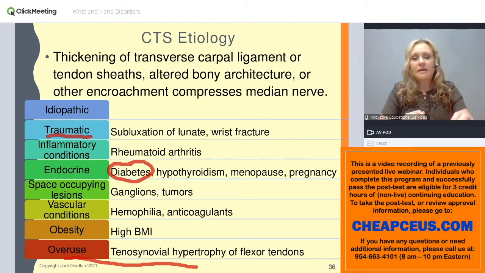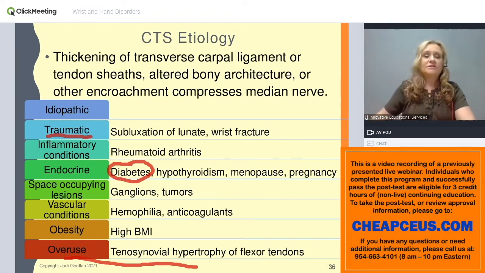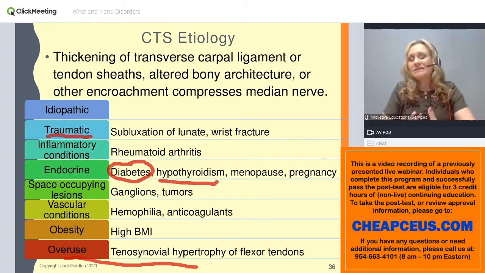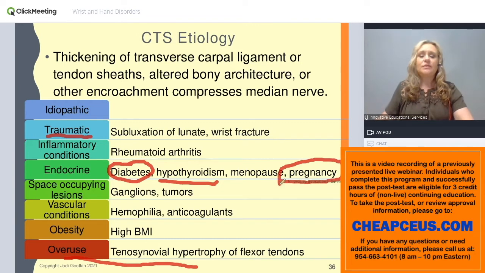The metabolic activity that they're recognizing of collagen turnover in individuals with diabetes, particularly of the tendons in the carpal tunnel area, is altered. That may change the bulk, leading to the compressive neuropathy. With hypothyroidism, they're noting that there are excessive fat deposits. And then individuals with pregnancy, particularly in the third trimester, the excessive fluid in that region can lead to carpal tunnel syndrome, as well as space-occupying lesions.